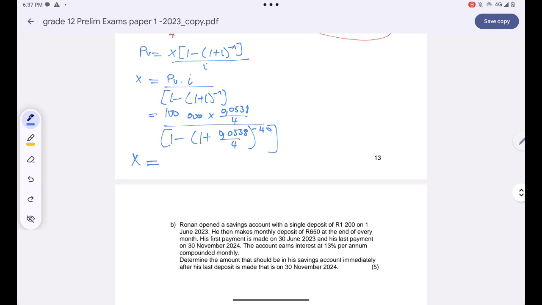And this will give us an amount of 3,848 rands 89 cents. So Katrina is supposed to pay 3,848 rands 89 cents at the end of every quarter.